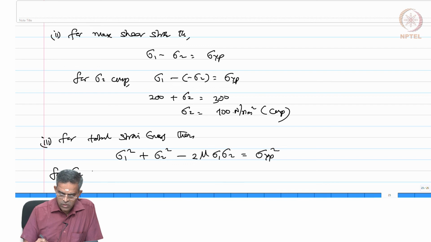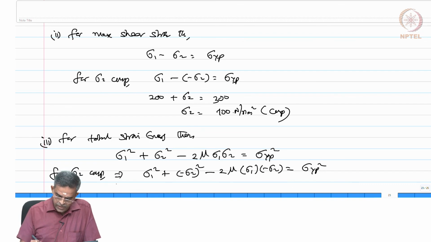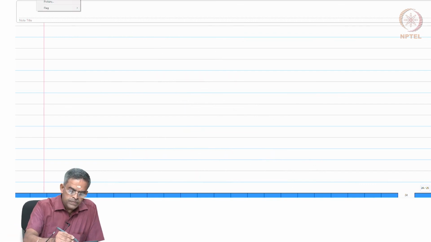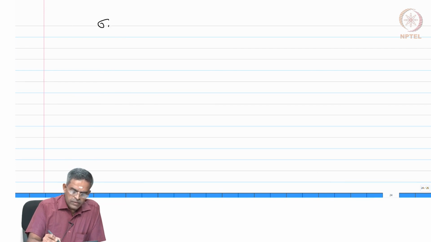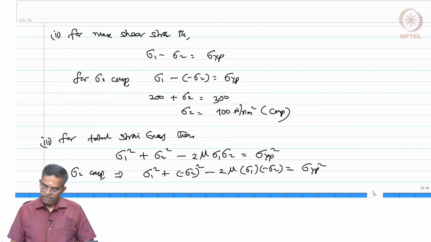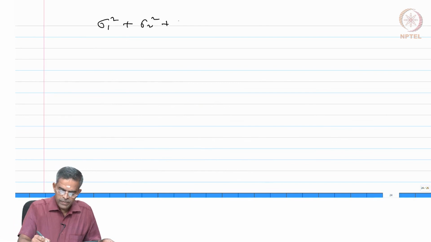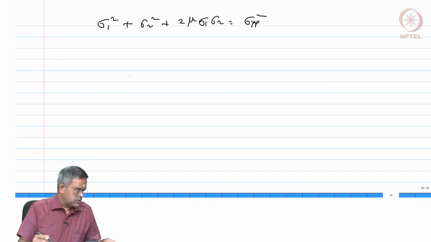For sigma 2 compressive, this equation now becomes sigma 1 square plus sigma 2 square plus 2 mu sigma 1 sigma 2 is sigma yp square.